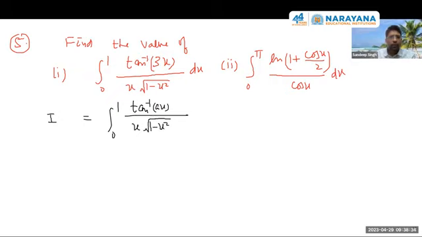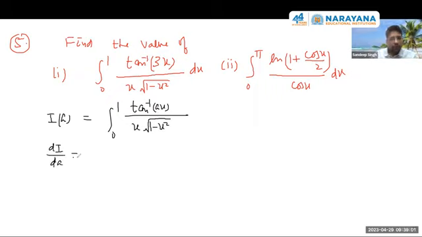How will it come to mind ultimately? Because 3 has no meaning here; it could be tan inverse of 3x, 2x, 4x. Correct? That is why we have taken tan inverse of ax, and this I is a function of a basically. Now you should try differentiating this. So tell me what will be dI by da.